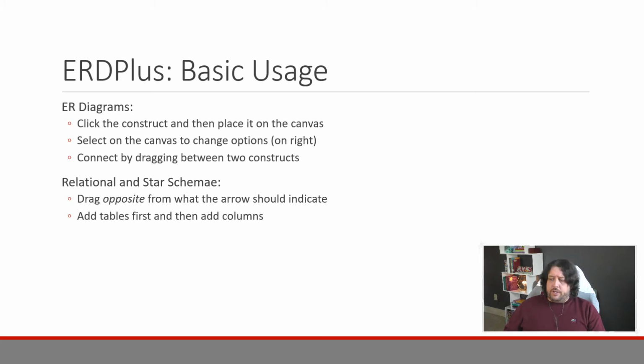And I even talked about some basic usage. So with relational schemas and star schemas, just in case you're watching this VOD later, you're going to want to drag opposite where the arrow should indicate. That probably doesn't make any sense right now, but it will in a week or two.